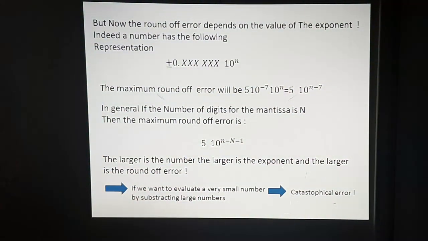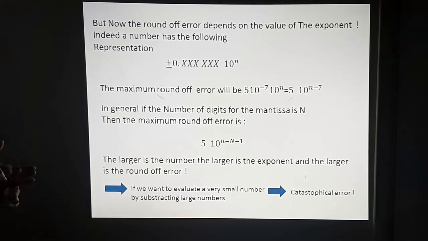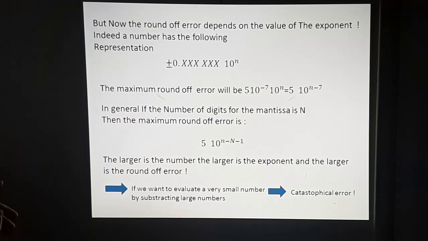Now you can understand that if you want to calculate a very small number by subtracting a very large number, then you will get a catastrophic error, because the difference may be inferior to the round-off error.